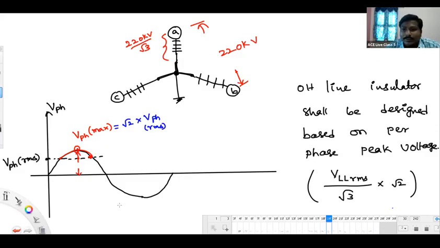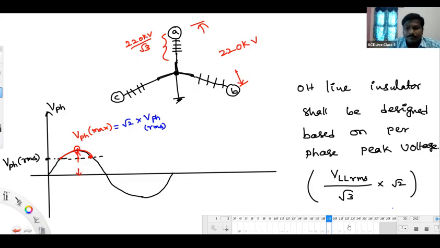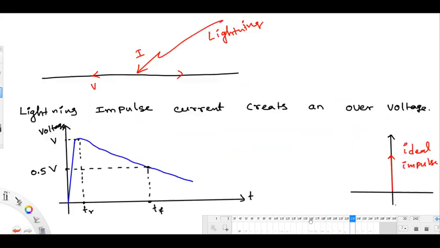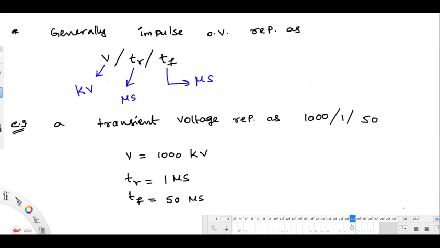Gurudatta. Sir, that impulse voltage representation, please explain that once. What do you want here?